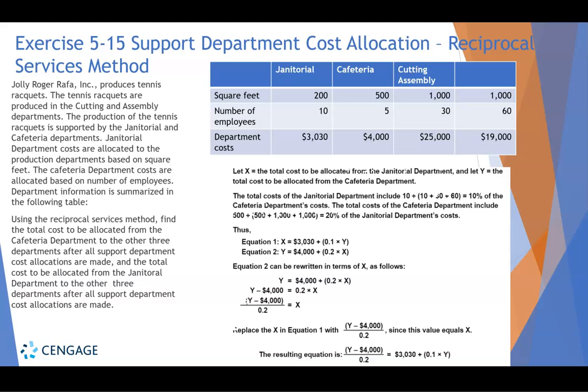So Y is the 4,000 plus 20% of X. We move the 4,000 over to the other side of the equation. Y minus 4,000 is 20% of X. Or Y minus 4,000 divided by 0.2 equals X. Okay, so we know that.